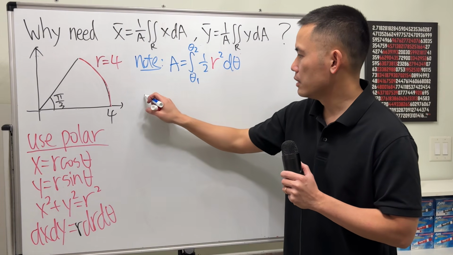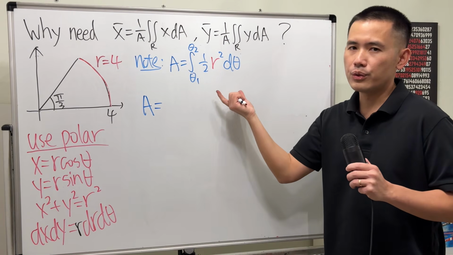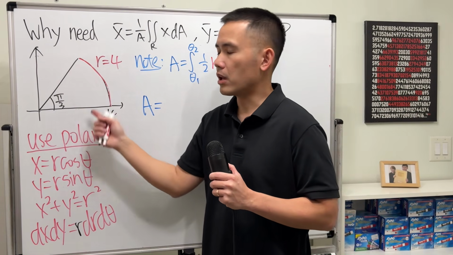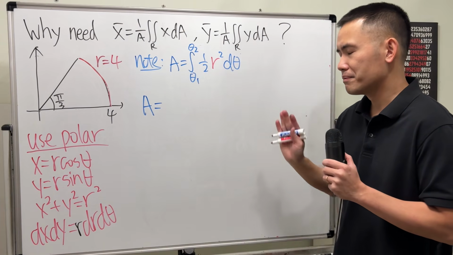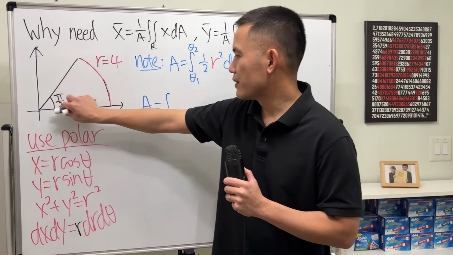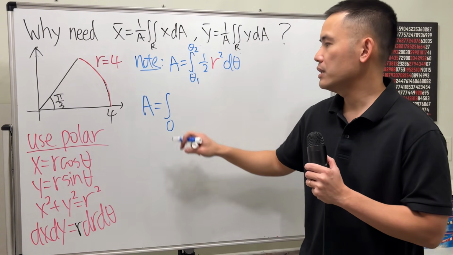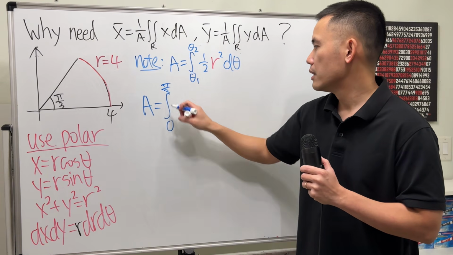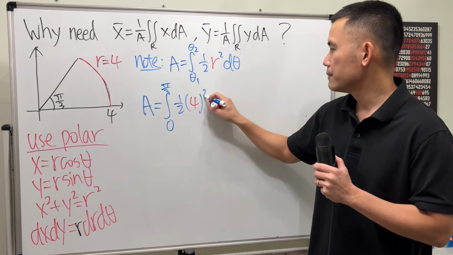So let's compute the area of this region real quick. And in fact, you don't have to do integration. Since this is just a part of the circle, you can use pi r squared and then take the portion out of it, but I will do integration. Theta 1, the beginning theta value, is 0. The ending theta value is pi over 3.